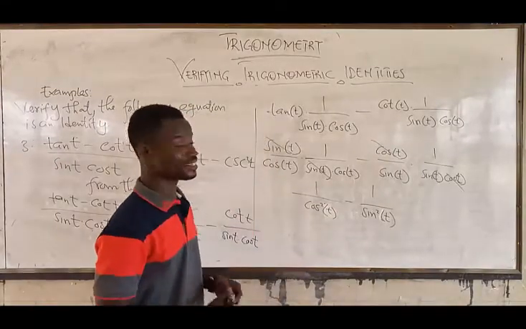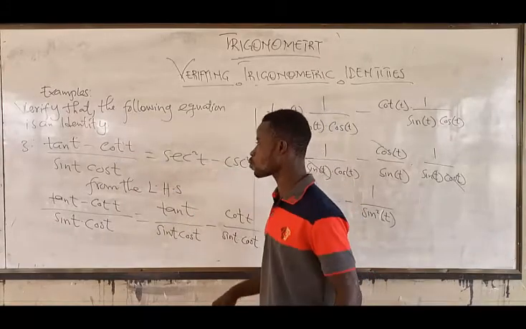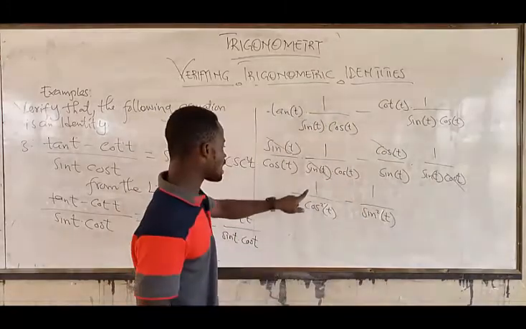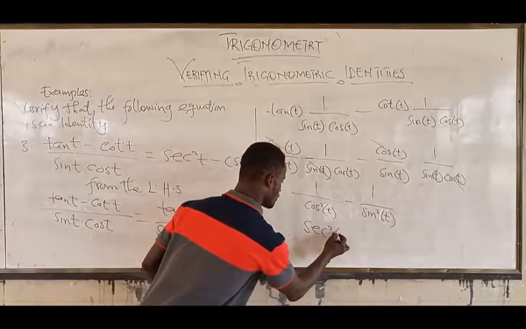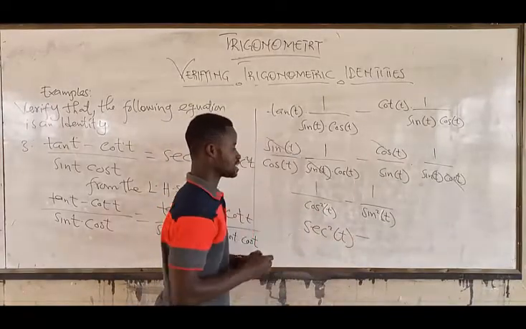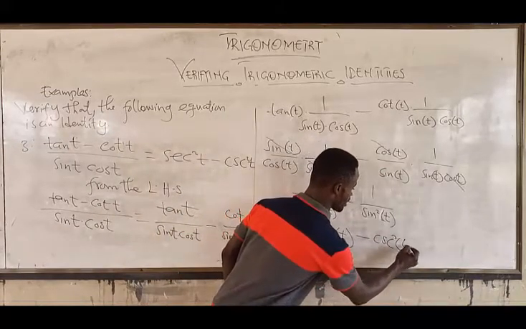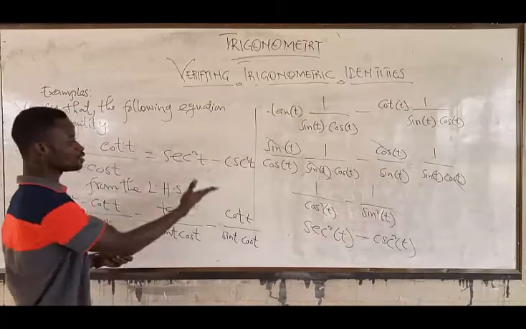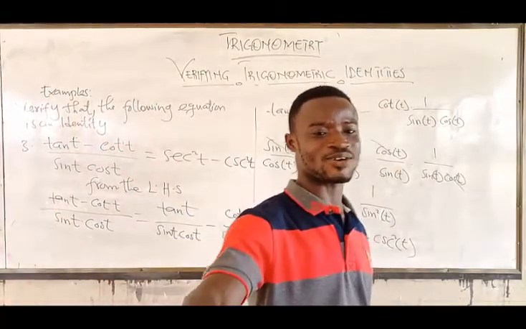Very good. Our goal is to achieve this. Oh, we are almost there. Because we know that 1 over cos square t is sec square t, minus this, is cosec square t. Beautiful.